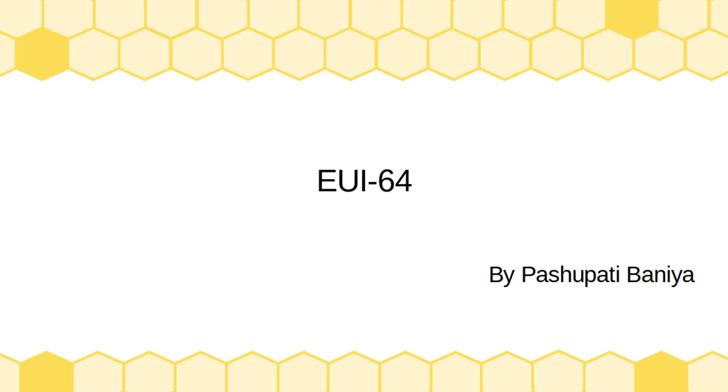If we have a MAC address which is 48 bits, then half of the bits go to the OUI and the remaining half go to the NIC, 24 bits and 24 bits, and between the OUI and NIC we insert the 16-bit value. The 16-bit value, FFFE, is inserted between the OUI and NIC.